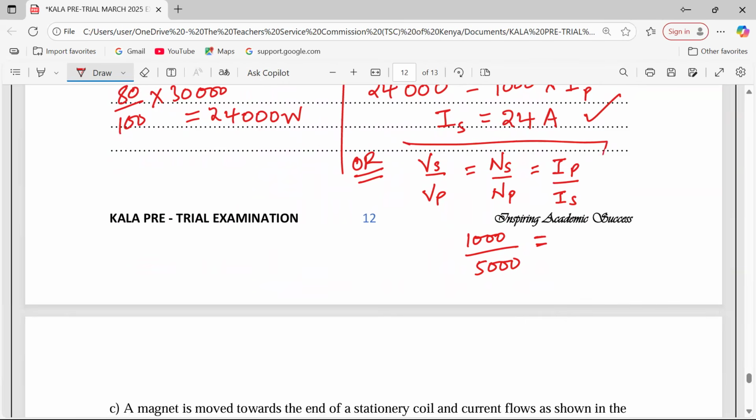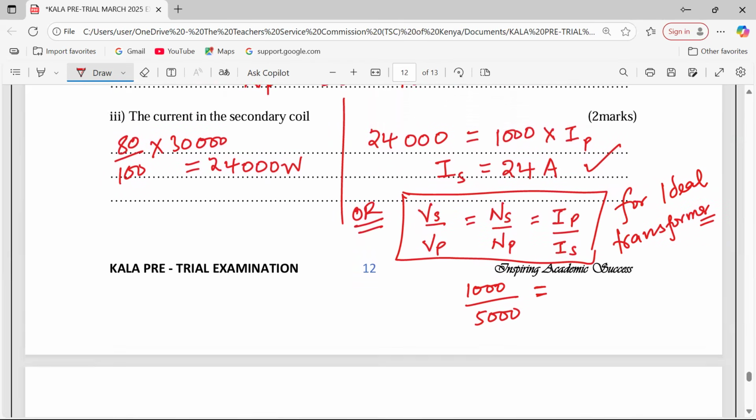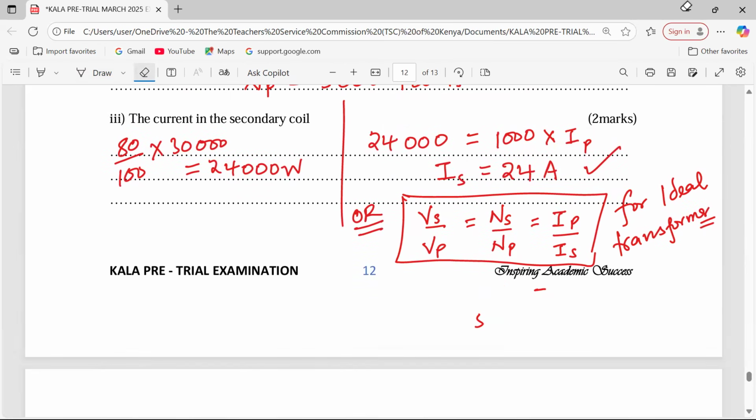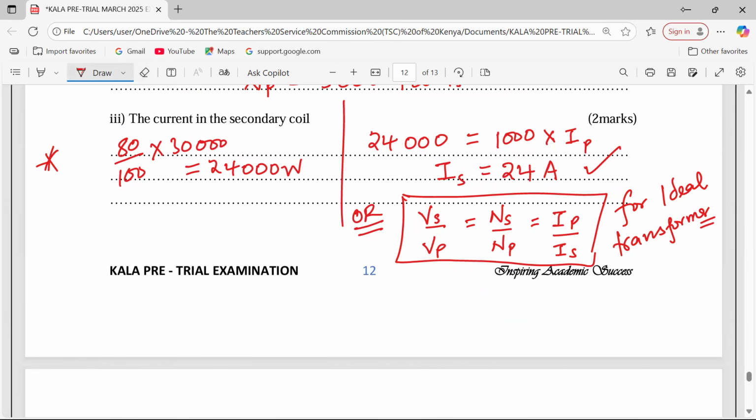This is for an ideal transformer, a transformer with 100% efficiency. So now we cannot apply here unless we get back to the issue of efficiency. For an ideal transformer, which is not losing any power, that is what we could have applied. This one is losing some power. It is having an efficiency of 80%.